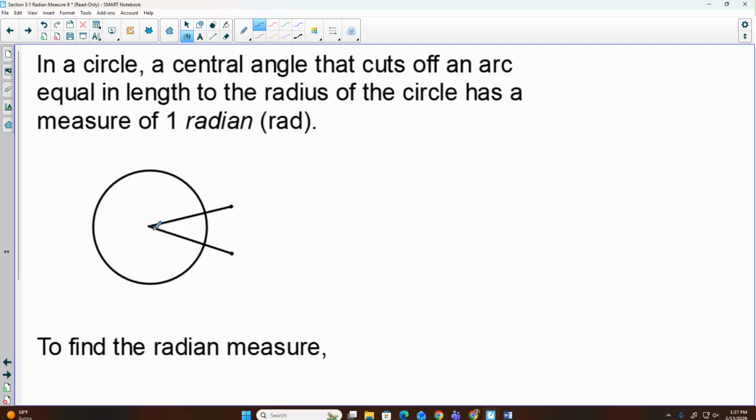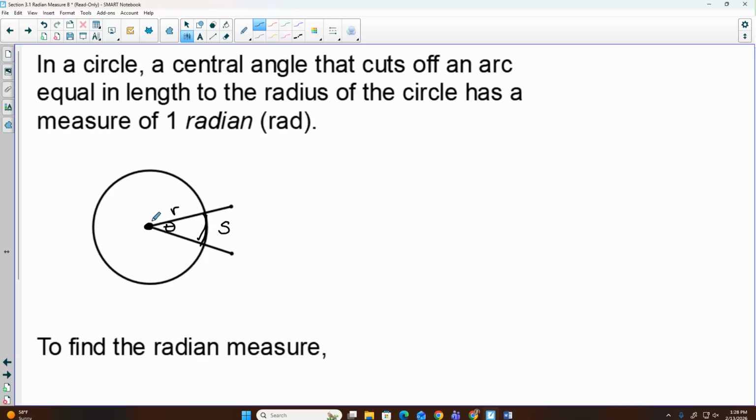If you have a circle with a central angle, so that means this is at the center of the circle, that cuts off an arc equal in length to the radius. So this is the radius. The arc is the part of the circle in between our angle. That's called S, usually, the arc. So our angle here, a radian is how big that angle has to be so that the radius and the arc are the same length.